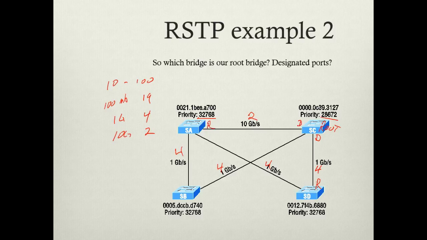We think. This should be the root because this path is 6, this path is 4, and this one's going to be a designated path. So now we've got to figure out which one of these are going to be enabled. And I think this is the one where we have normally gone with the lowest MAC address.